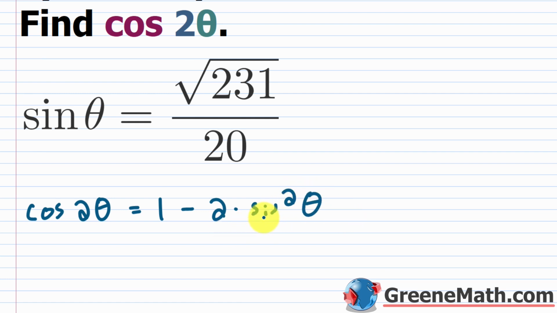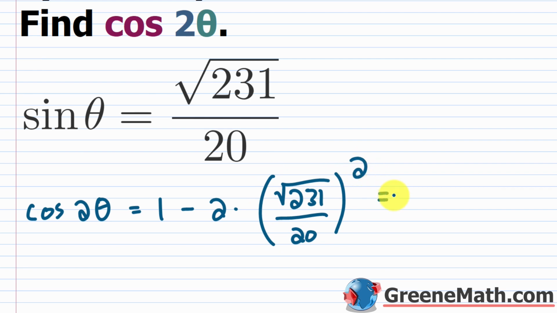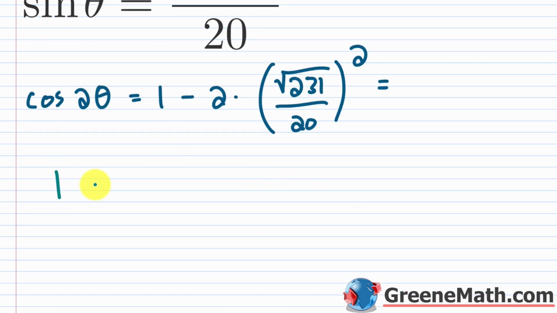So for the sine of theta, it's going to be the square root of 231 over 20. So the square root of 231 over 20. And then we need to square this. So what's that going to give me? Well, this is 1 minus 2 times the square root of 231 squared, which is just 231, over 20 squared, which is 400. Now what I can do is cancel a common factor between here and here.